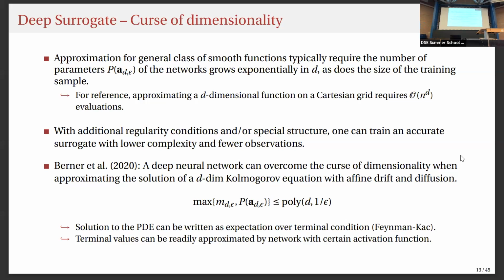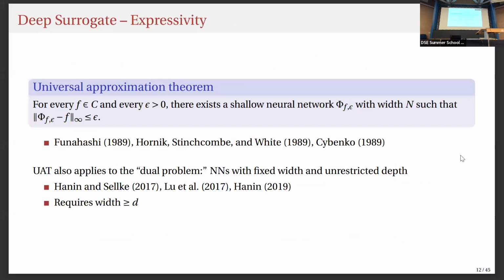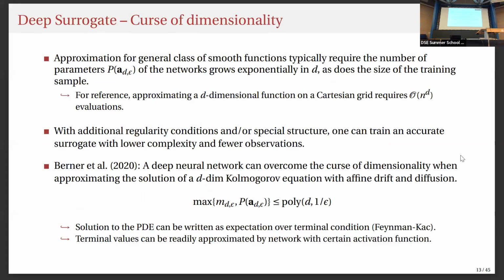All right. So we're going to represent the number of total trainable parameters by this P over here. This P is going to be a function of the architecture you have, which should be pretty straightforward. The general results about this apply to any continuous functions, but also to functions that are more smooth than the general continuous functions, and the typical result is that the number of parameters grows exponentially in the dimension of your inputs.